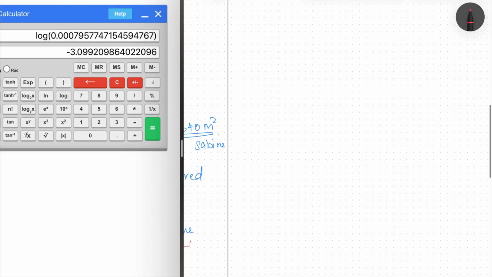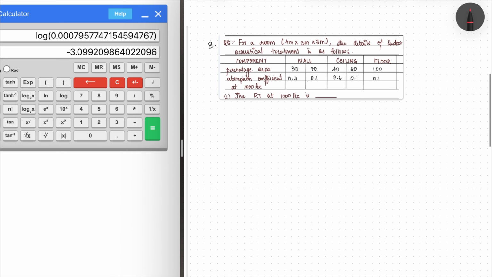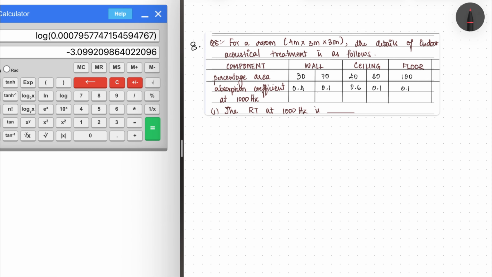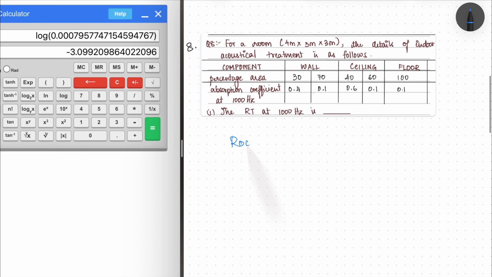Now we'll do the last sum for today. For a room of 4 into 3 into 3, so the room size is 4 into 3 into 3. So your volume is 36 cubic meter. The details of the acoustical treatment is as follows.